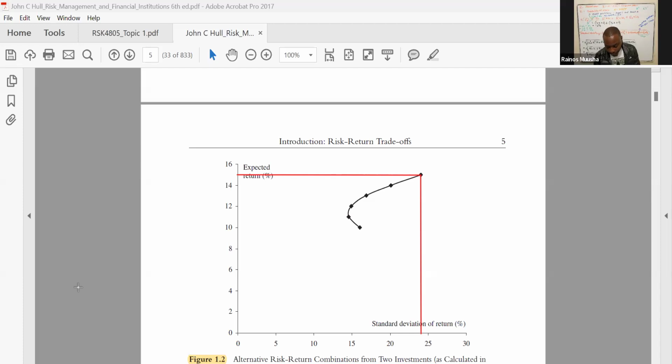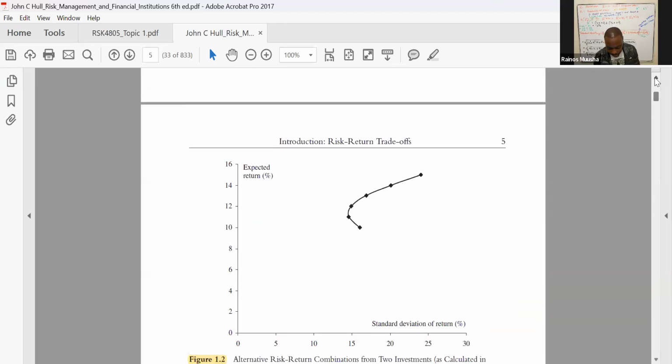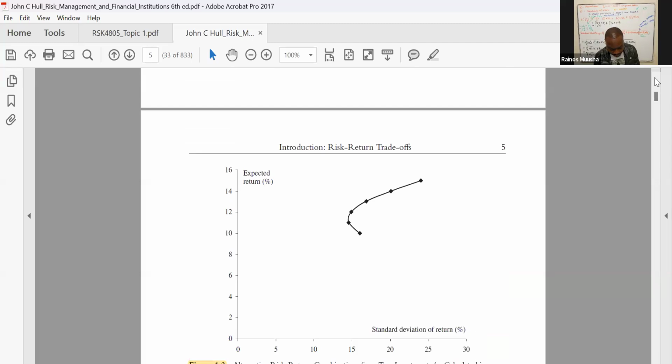Then, if you look at the calculation that we just did as well, remember we said if you have 60% in asset 1 and 40% in asset 2, the expected return should be 12%, and the standard deviation should be 14.87%. So 12% and 14.87% would mean that they should be plotting here.